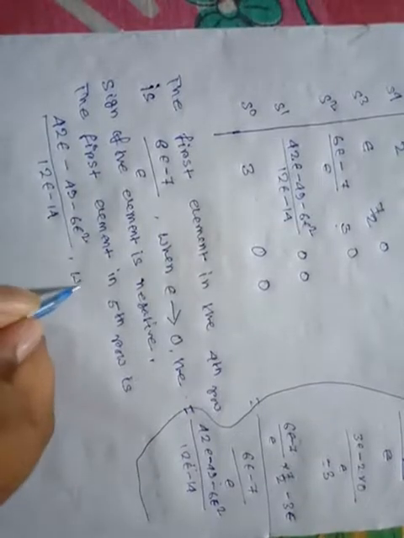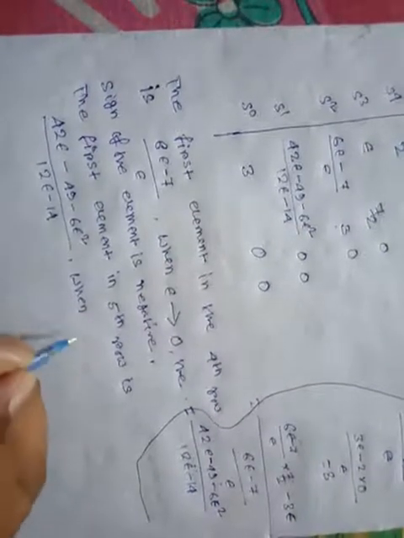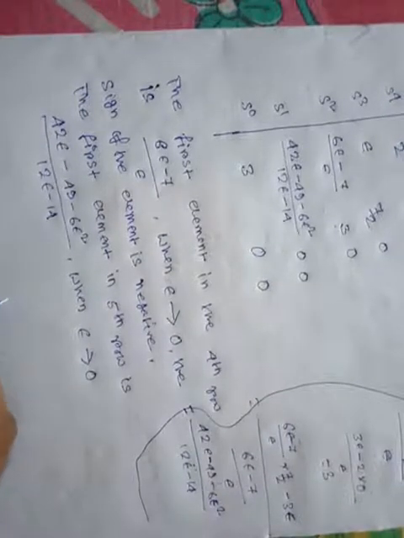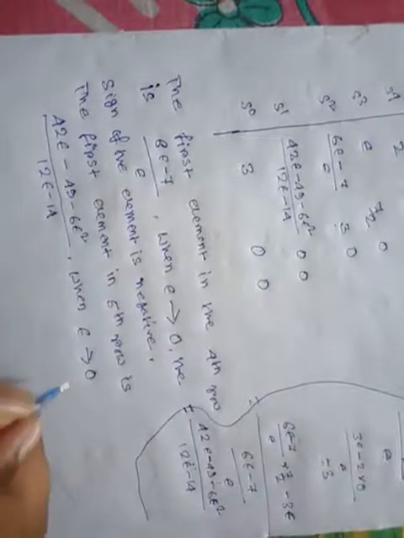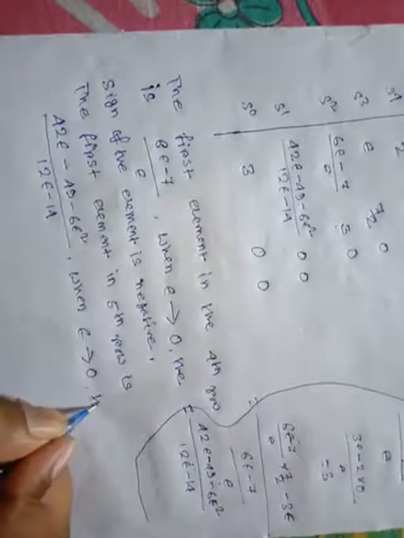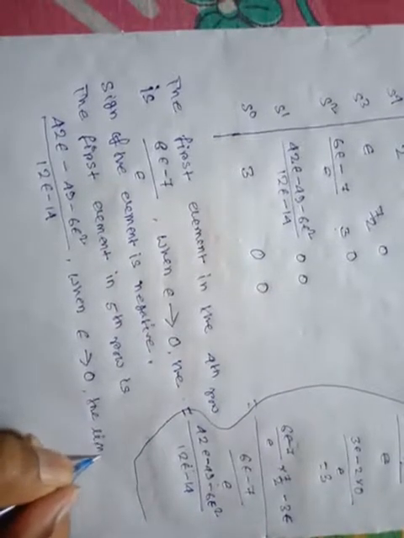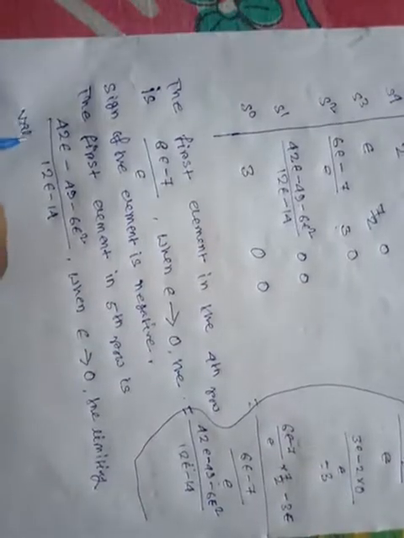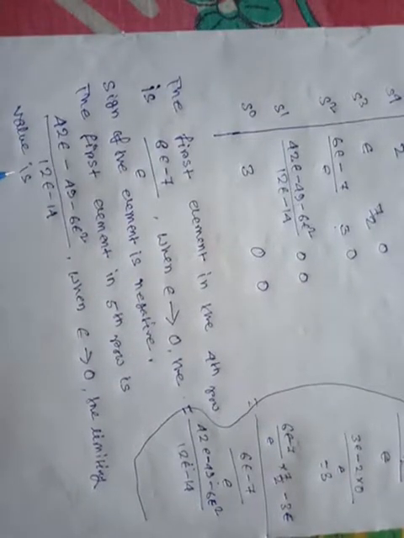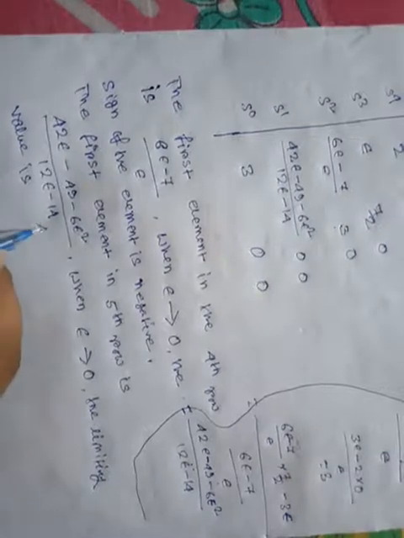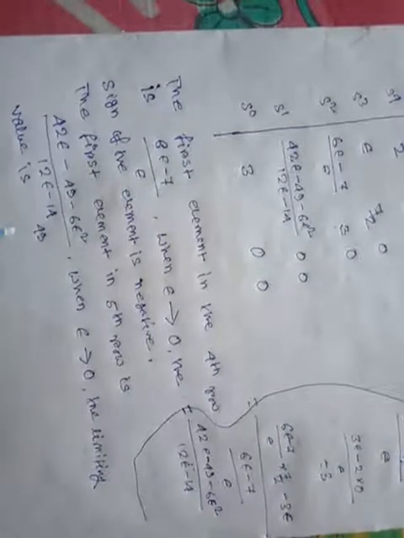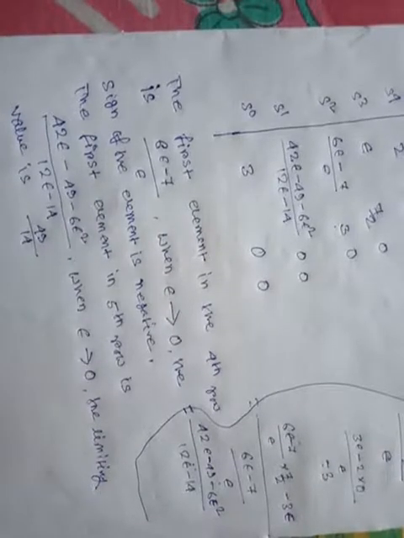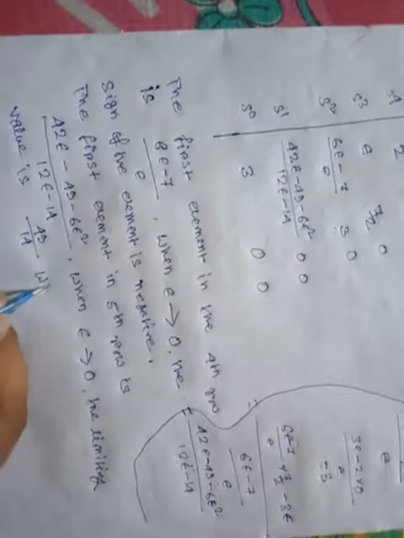When epsilon tends to 0, the limiting value is 49 divided by 14, which is positive.